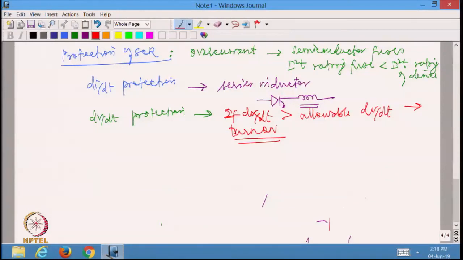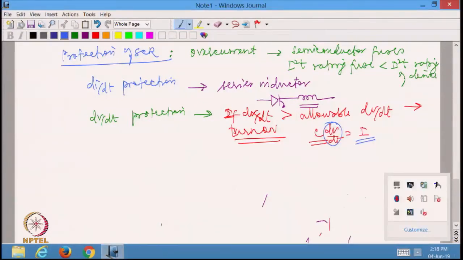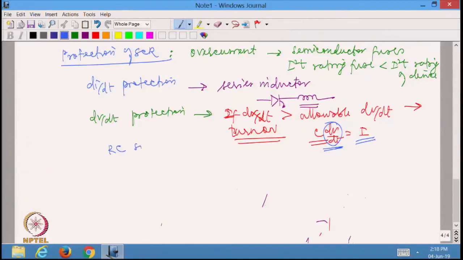After all, when you apply a large rate of rise of voltage, C dV by dt is generally I. Any junction capacitance can be represented by the C. So, if by chance dV by dt is much larger, the current that is passing through any of the junctions can go way beyond the limit, which will automatically make the device on. So, you do not want spurious turn on of the device. That is the reason why dV by dt has to be within the limit. So, generally RC snubbers are used for protecting the devices against spurious dV by dt turn on.